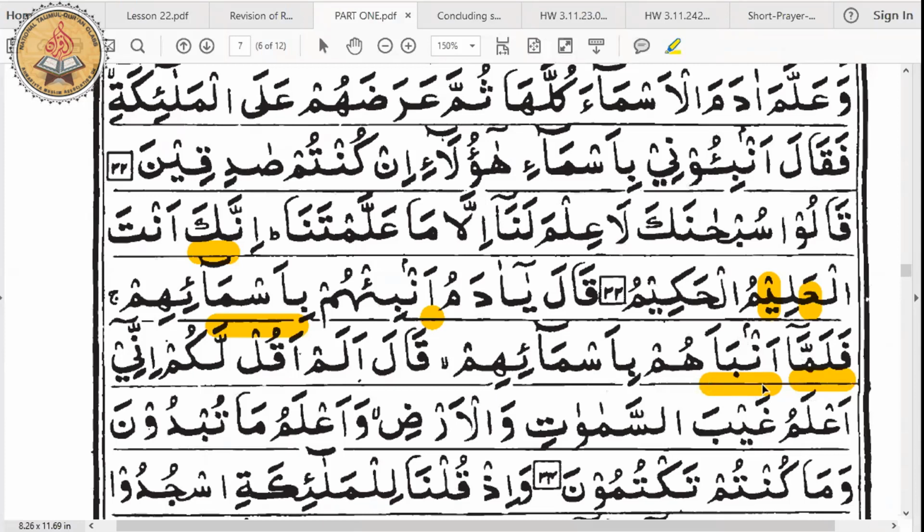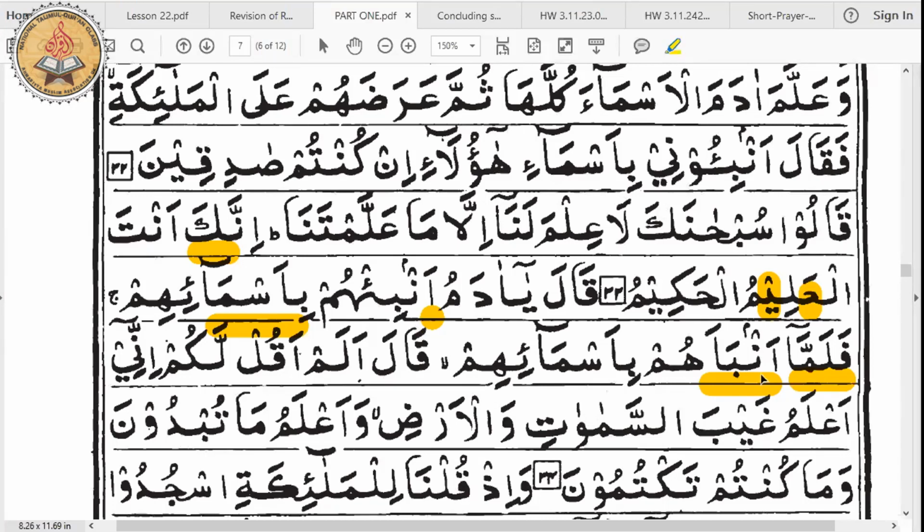Can you give me 1 second? Okay, so I'll just quickly recap: when we have noon mushaddad or mim mushaddad, we make 2 second ghunna.